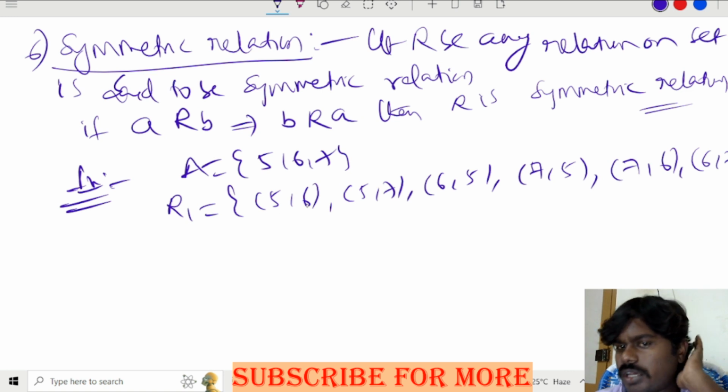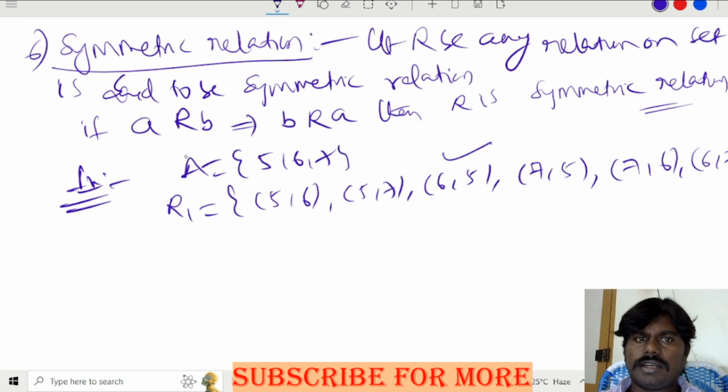So 5 comma 6 and 6 comma 5 I have given already, and 5 comma 7 and 7 comma 5, and next 7 comma 6 and 6 comma 7. So this relation is a symmetric relation because A is related to B and B is also related to A, that is there in R1. So R1 is an example of a symmetric relation.